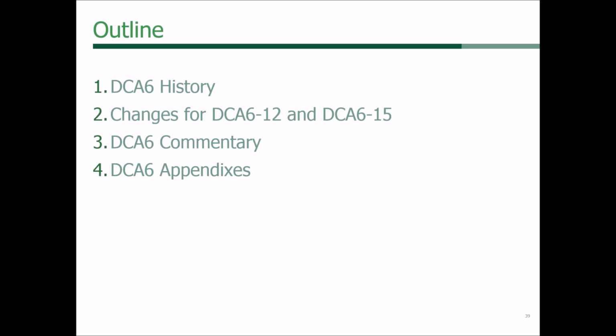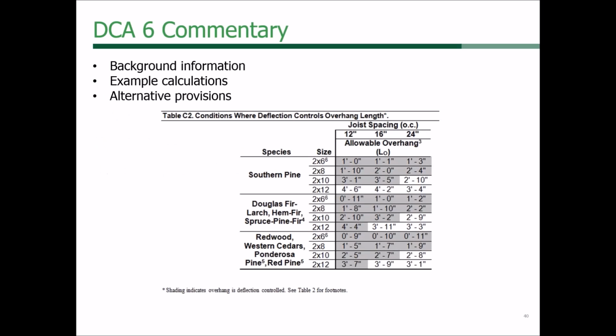Okay, so going back to our outline, we've talked about DCA6 history, we've talked about the changes. Now we're going to get into the commentary and appendices. So the commentary specifically has background information, example calculations, and alternative provisions. Background information would be like, this is part of the joist overhang table, right?